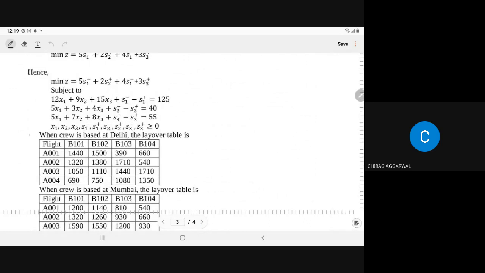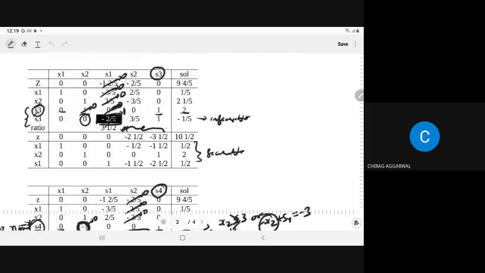Here, question number 3, when the crew is based at Delhi, the layover table will be: if a crew member is going through A001 and coming back through B101, what will be the layover time?